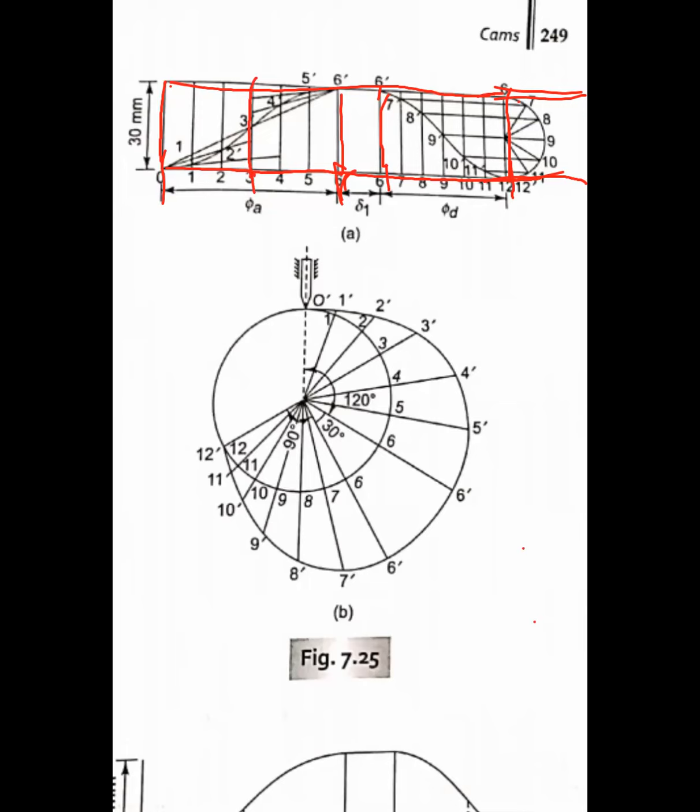Just divide it. Then, the beginning of the stroke has 3 values, so there are 6 values, 1, 2, 3, 4, 5, 6. From the beginning of the stroke, connect the 3 values, and at the end of the stroke, connect the 3 values. Just join the values: 1 to 1, 2 to 2, 3 to 3, up to 6 to 6.